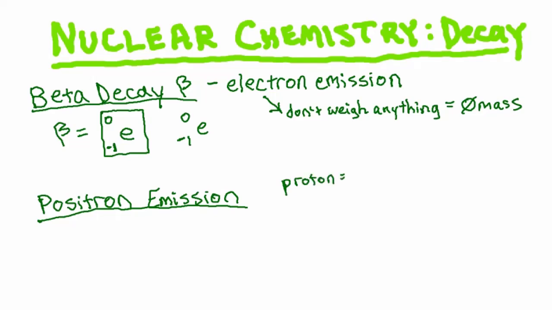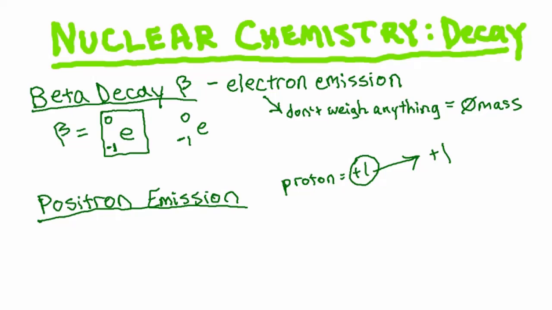Proton equals a positive 1 charge. But in positron emission, the proton gives up its positive 1 charge. So, bye-bye, positive 1 charge. The proton gives that away.